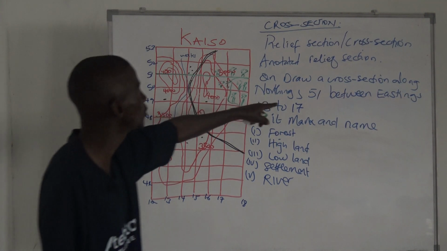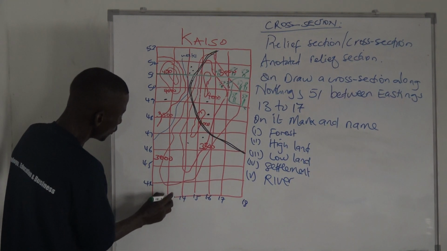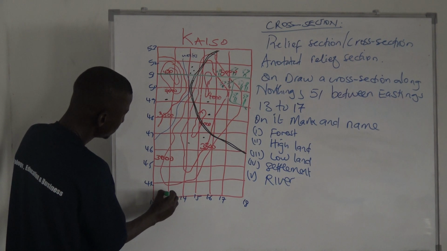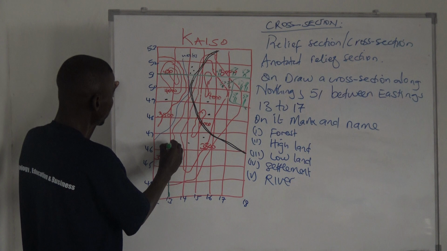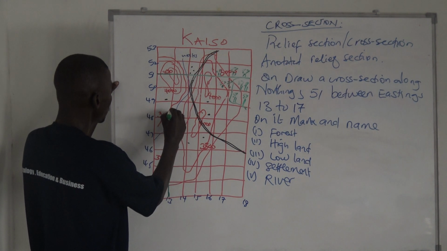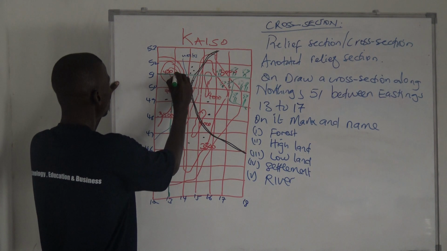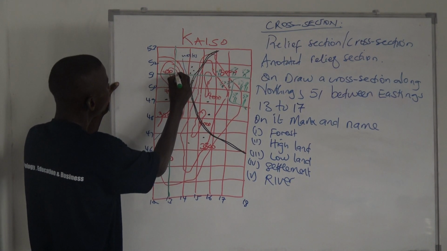That's why they have told us that it should be between 13. So this line is called line 13. So where they are meeting here, put there a star.